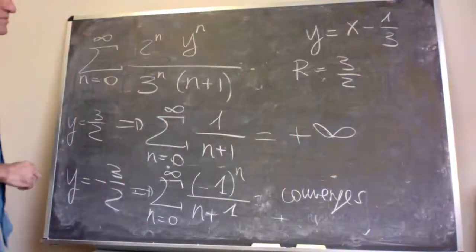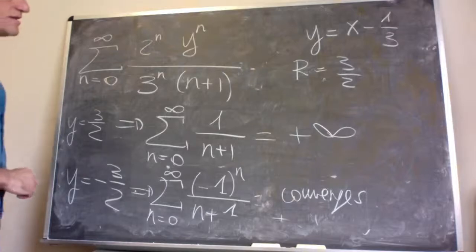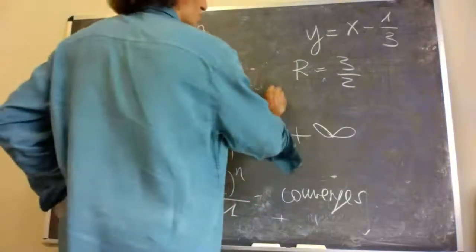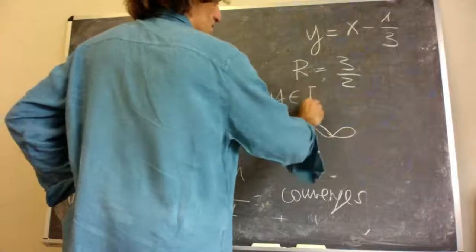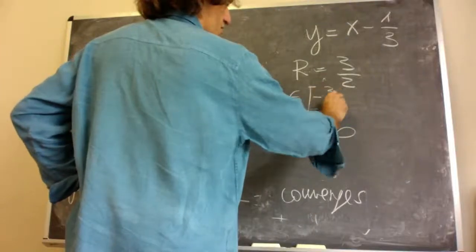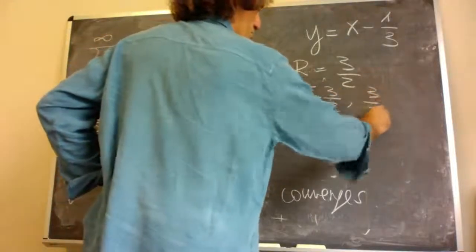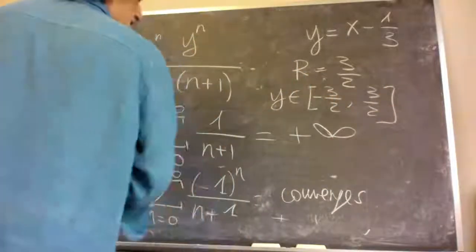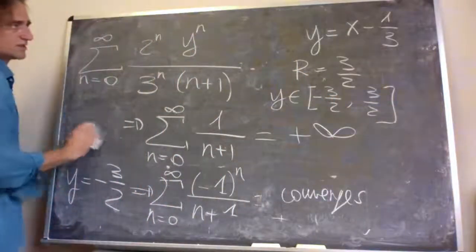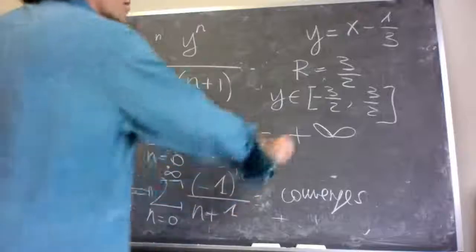Then we have that the interval of convergence for y is minus 3 over 2 included, 3 over 2 excluded. So let us go back to the original variable, which is x.